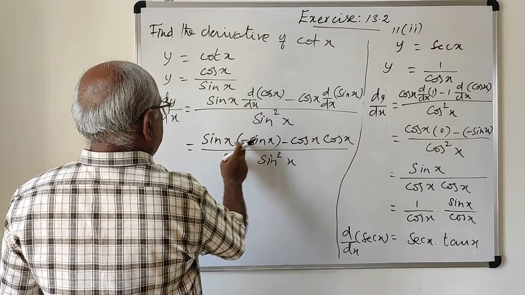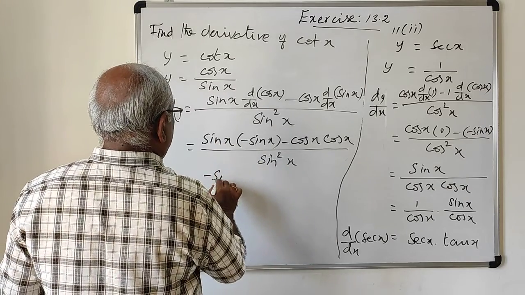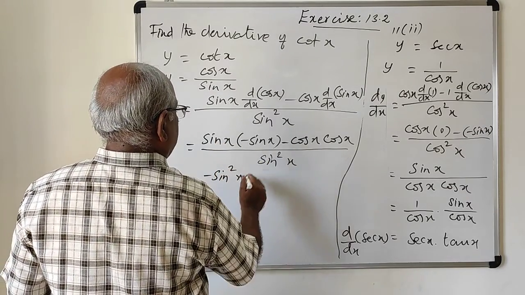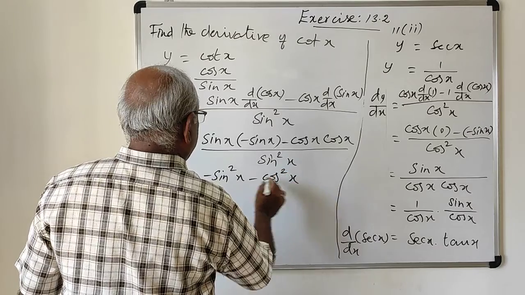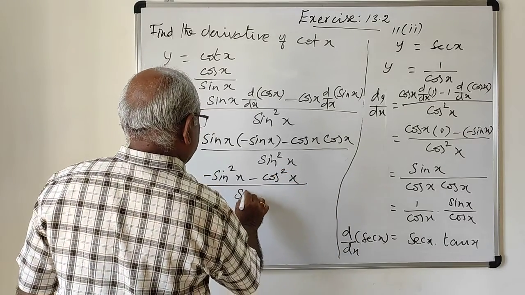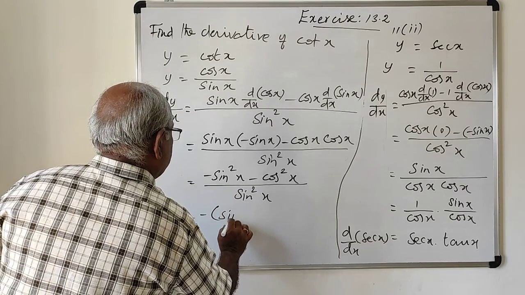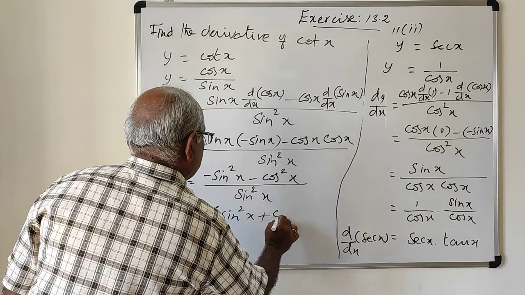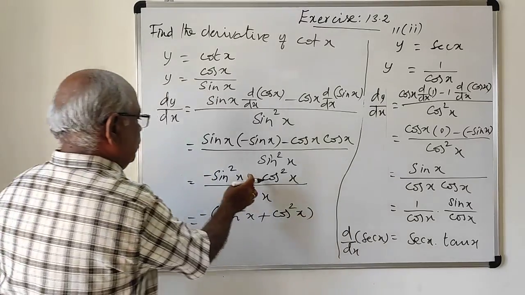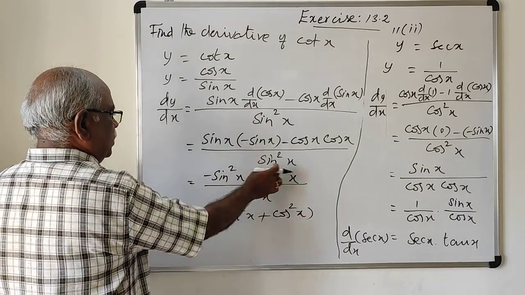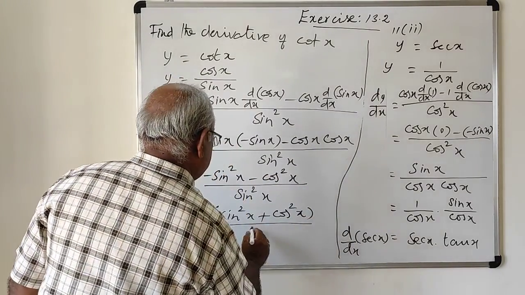Derivative of sin x, what is that? Sin x into minus sin x is minus sin square x. Minus cos x into cos x is minus cos square x, by sin square x. You can take minus as a common term, you get minus of sin square x plus cos square x by sin square x.